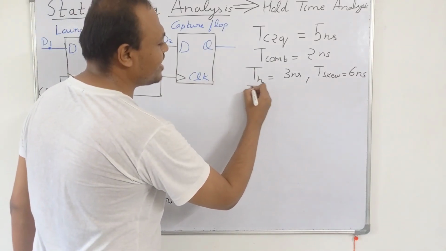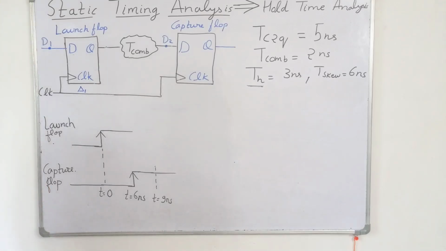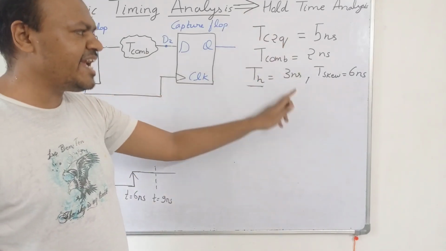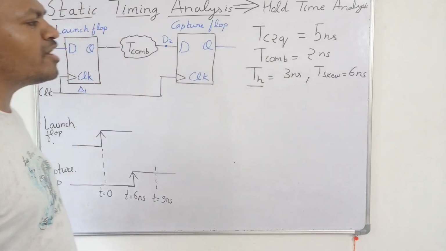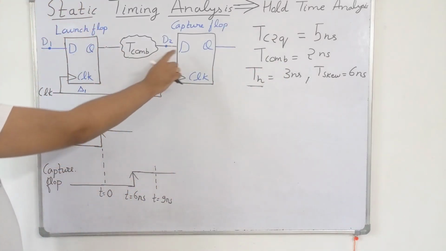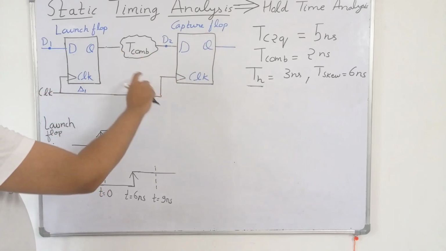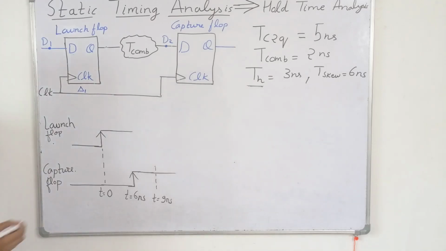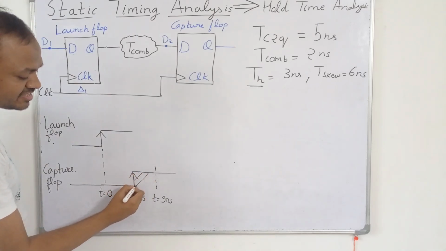Then we are given that the hold time t_h is equal to 3 nanoseconds. It means that after the arrival of the clock pulse, the data must be stable for at least 3 nanoseconds to be correctly captured by this capture flip flop. So the data should be stable in this range.